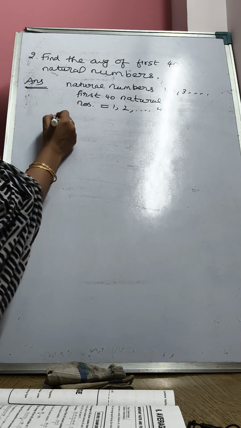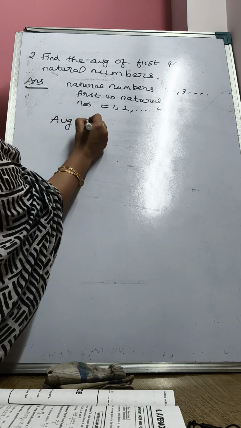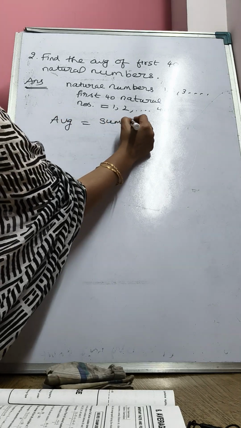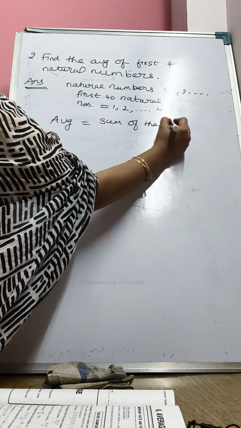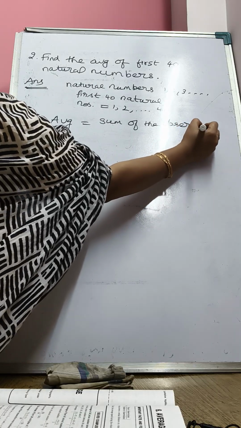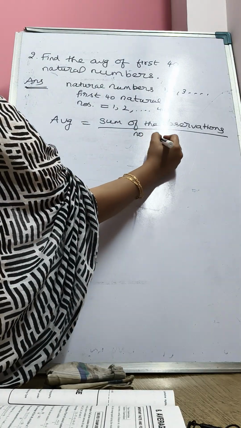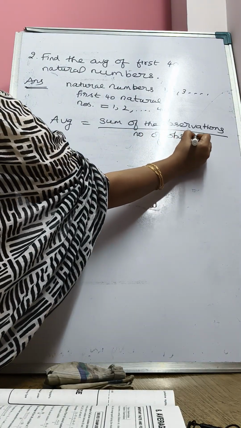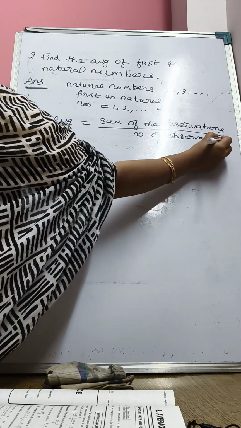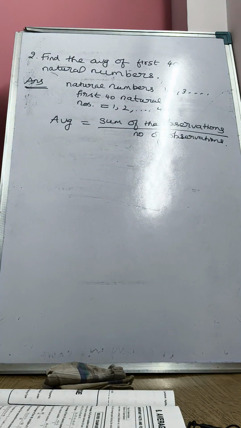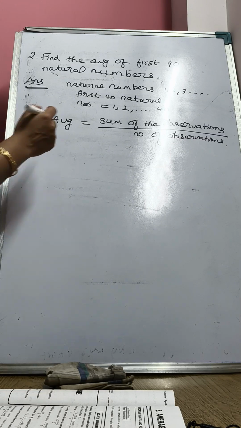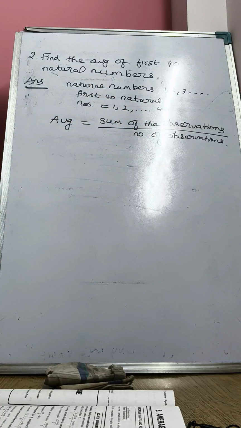Now what is the formula to find the average? Average is equal to sum of the observations divided by number of observations. Now, the sum of the observations here are these 40 numbers.